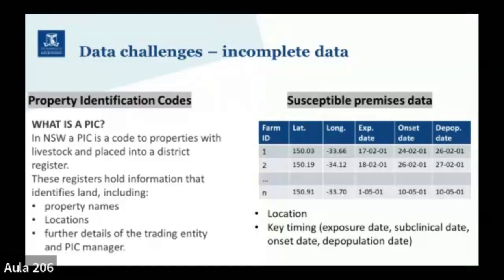These registers hold information to identify the land, which includes property names, locations, and some more information about the actual trading entity. One of the issues there is that this doesn't get updated very quickly. That means that the information may just not be up to date or may be incomplete.